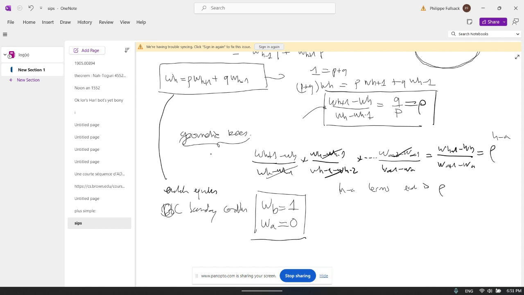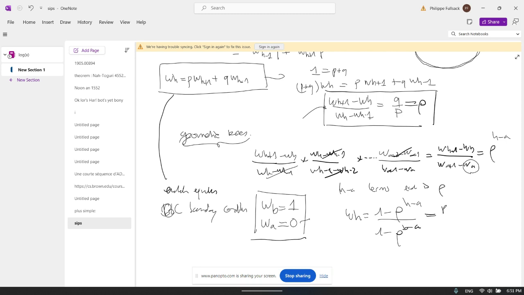For example, WA here is 0. So if you put everything together, you very easily arrive at the following equation. You arrive at basically a full equation for WH. You can solve for WH, and the result is surprisingly simple.